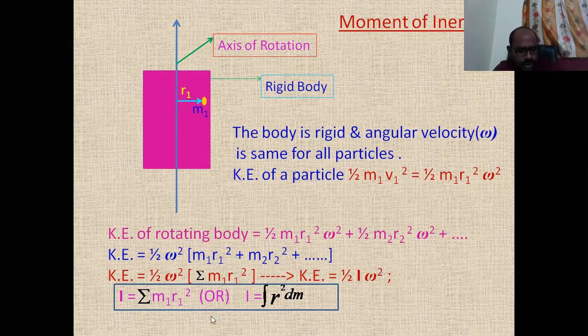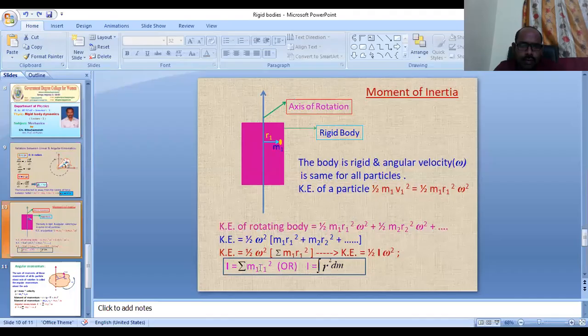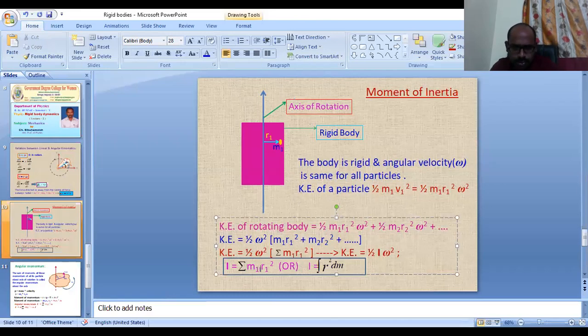So if we see here, half I omega square, it should be I only. Similarly here also it is I. Now we are seeing it.